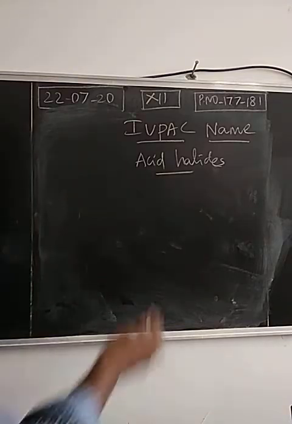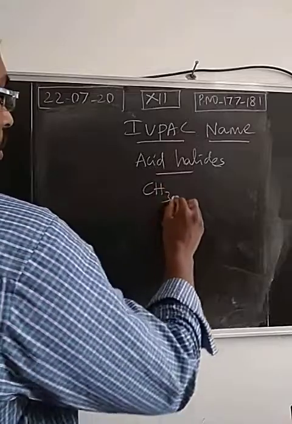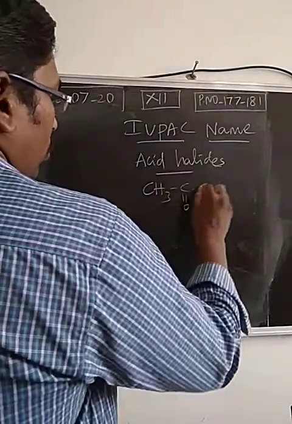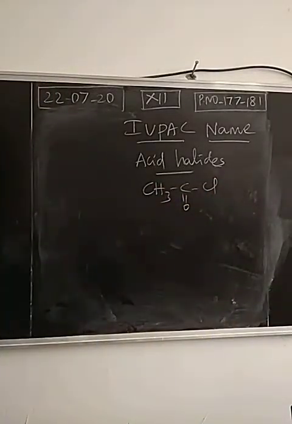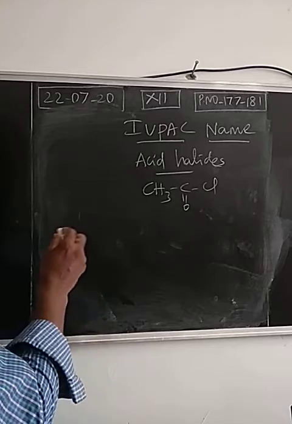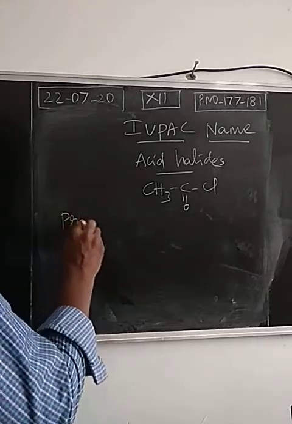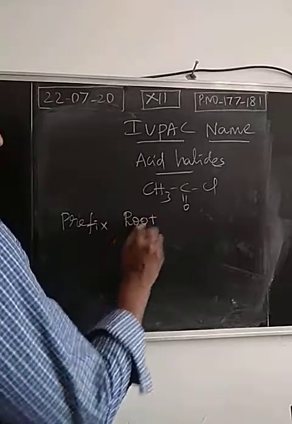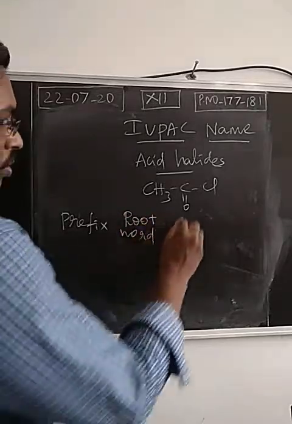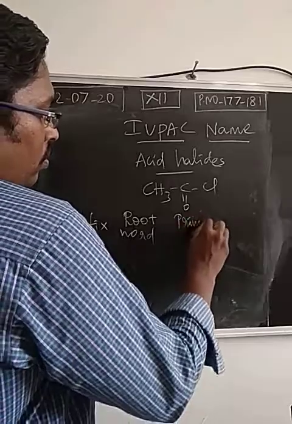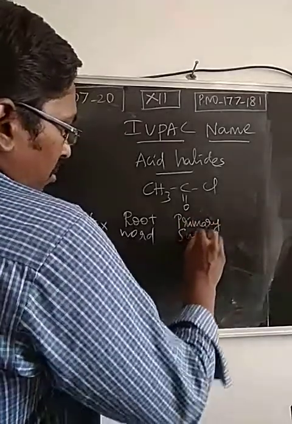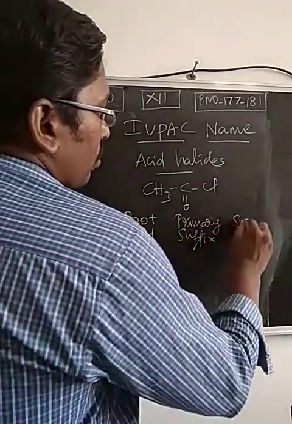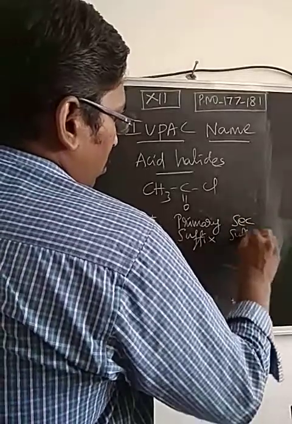The simplest member is acetyl chloride. How to give the IUPAC name for this one? So we have a formula: prefix, root word, primary suffix, secondary suffix.